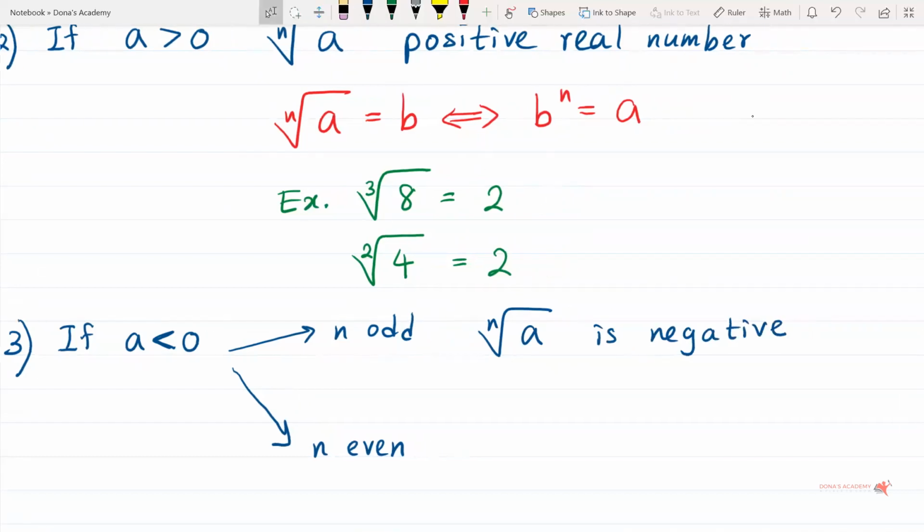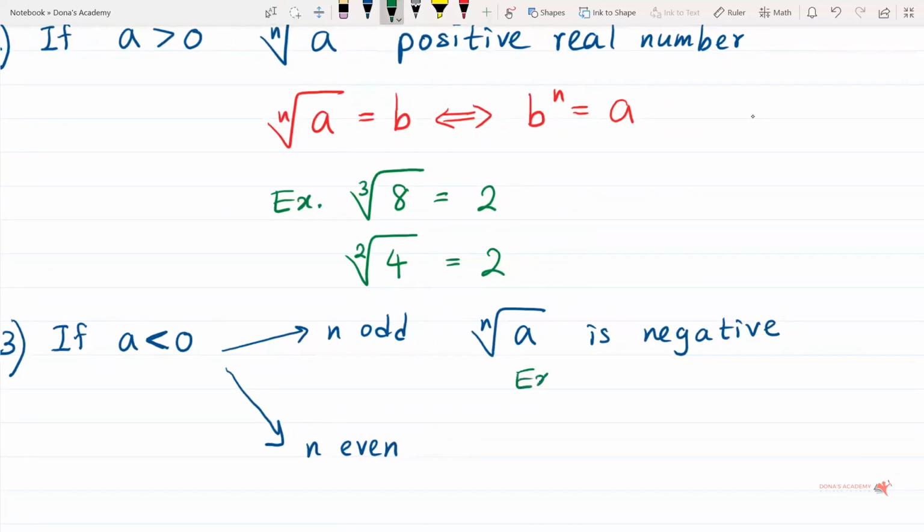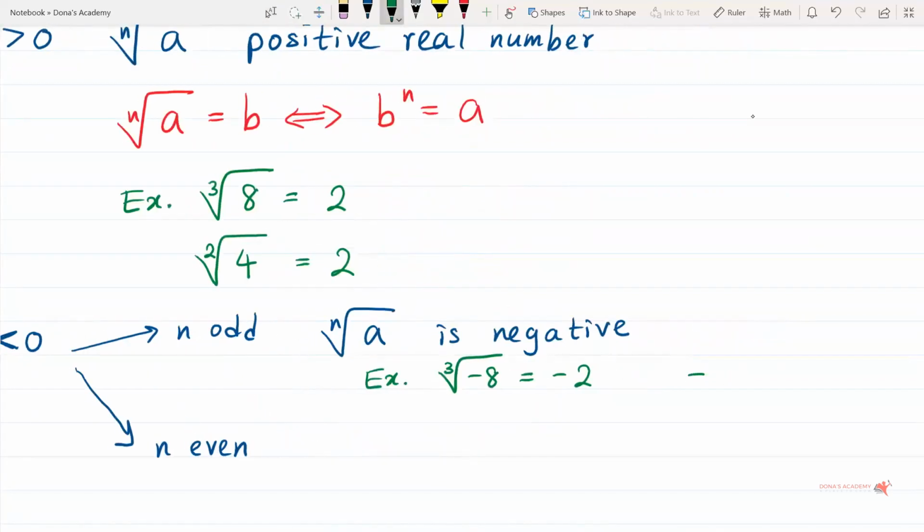For example, if you take the third root of -8, then this is -2. Why is that? Because if you take the cube, the third power of -2, then this is going to be -8. All right, so it is a negative number.